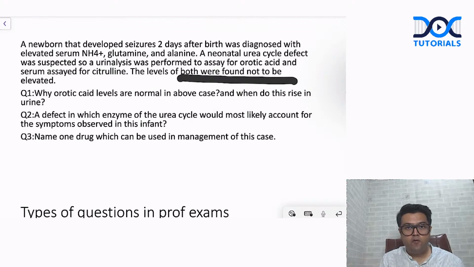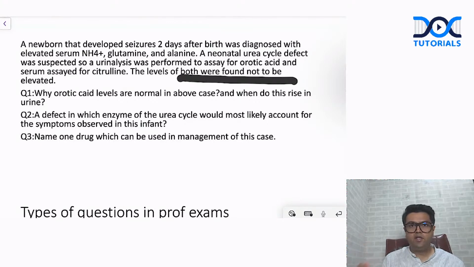Like, activator of urea cycle is N-acetyl glutamate. Highlight this. If the question asks how it is formed, highlight this. If the question asks to enumerate the urea cycle disorders, highlight the topic also: disorders of urea cycle. Then mention one, two, three names, whatever it is. If they ask three names, write the three names.